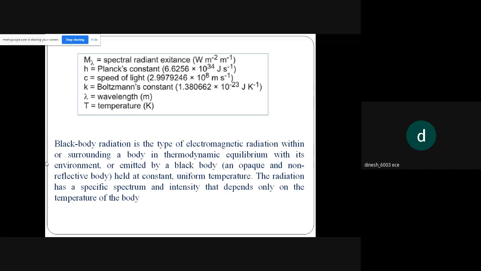Therefore the radiation has a specific spectrum and intensity that depends only on the temperature of the body. So depending upon the temperature only, we can find the Planck's emissivity.